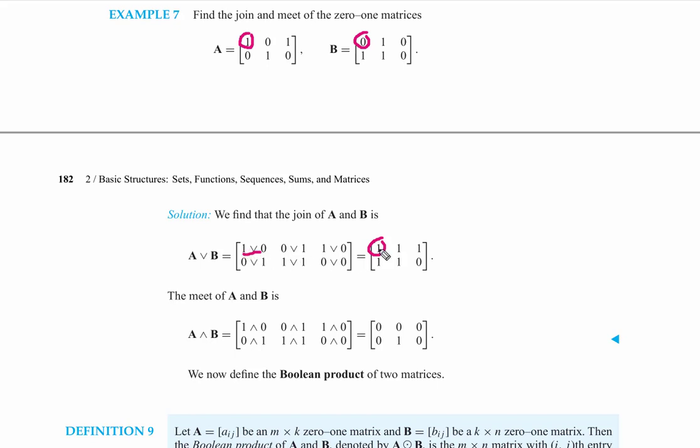Yeah, 1 or 0 is 1. And then just the other corresponding entries, the last one, 0 or 0 equals 0, so one of the entries of the answer is 0. And for the meet, it's the same thing. Yeah, the join is OR, the meet is AND. Just use the AND operation.